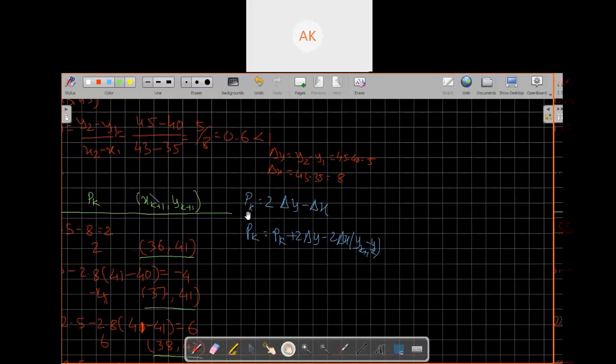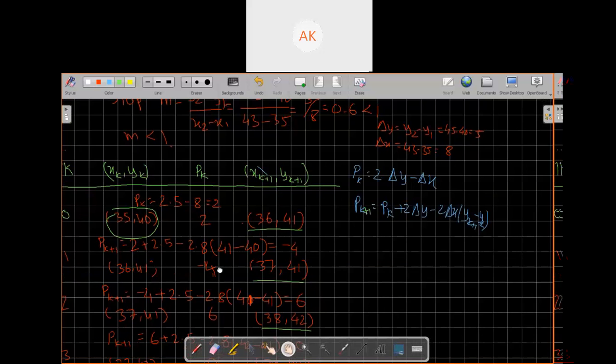For the decision parameter, when m is less than 1, p0 is 2 delta y minus delta x, and the next decision parameter is pk+1, which is pk plus 2 delta y minus delta x into (yk+1 minus yk).